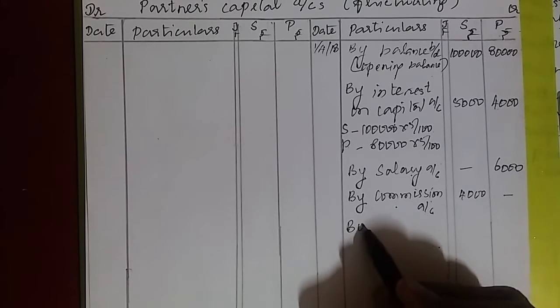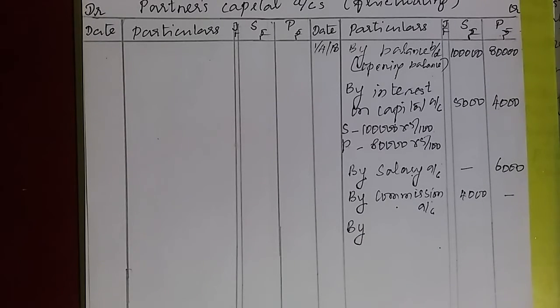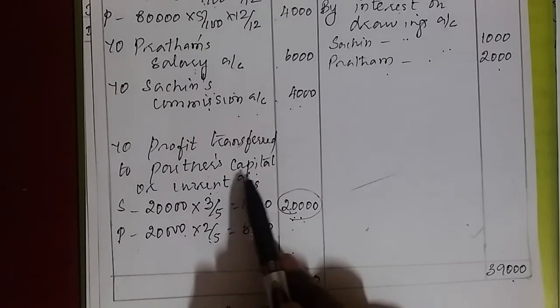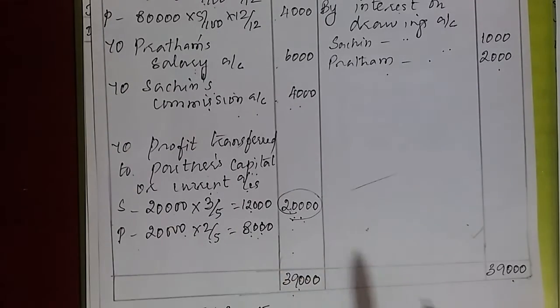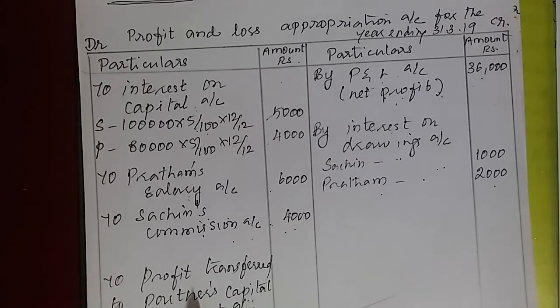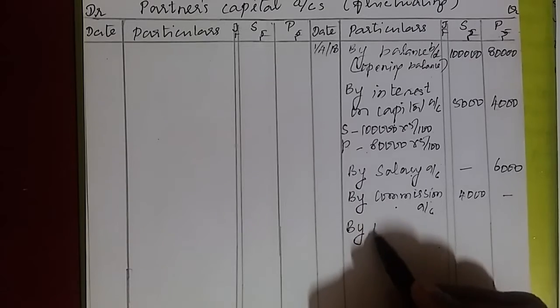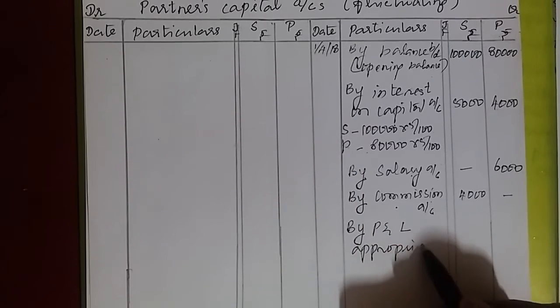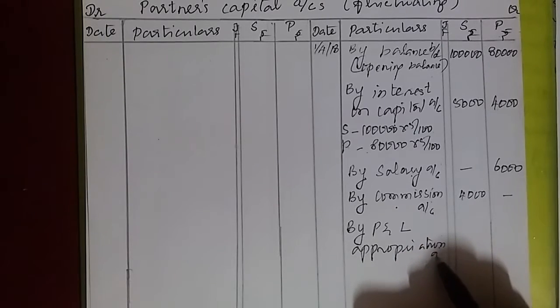And next one, you do recall in the P&L appropriation account, profit is transferred to the partners capital. Which ledger are we copying? P&L appropriation. So by P&L appropriation account.